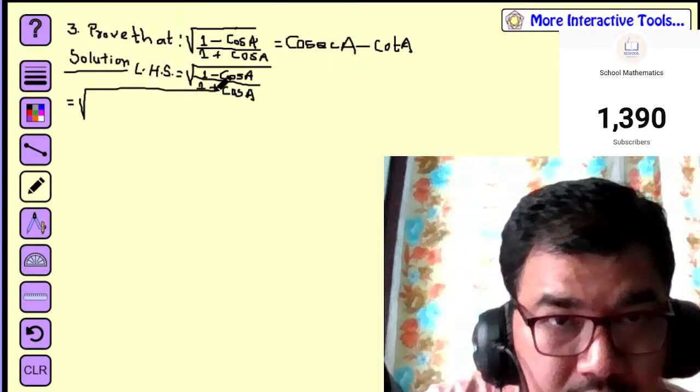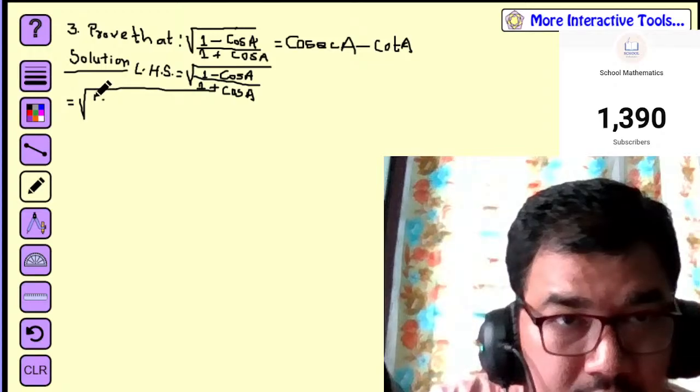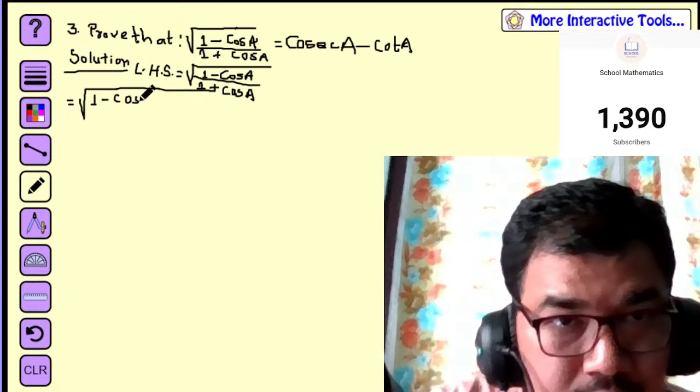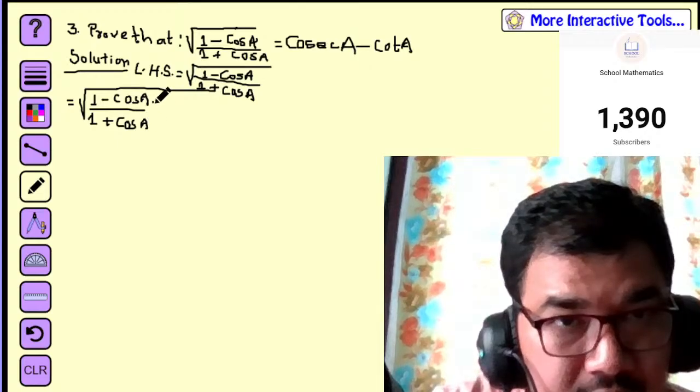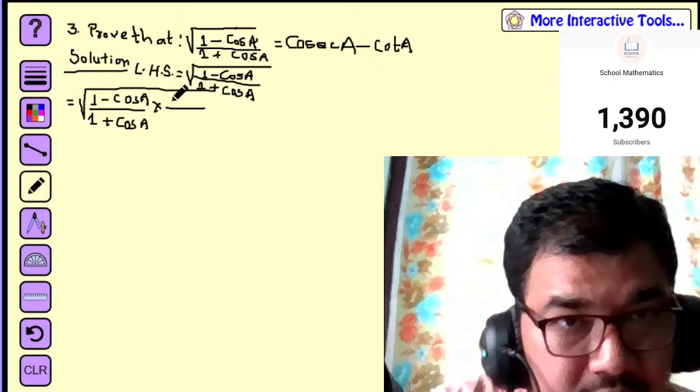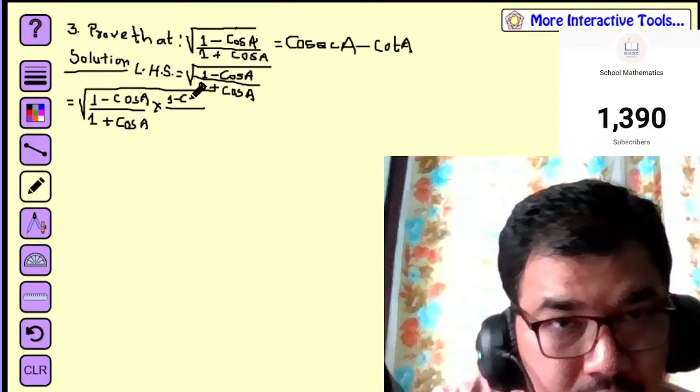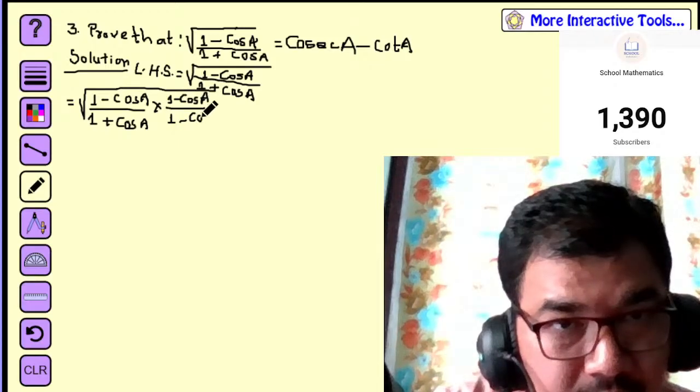First write the square root of 1 minus cos A over 1 plus cos A, and we multiply its numerator and denominator by the same value, 1 minus cos A. Numerator and denominator are multiplied by the same value.